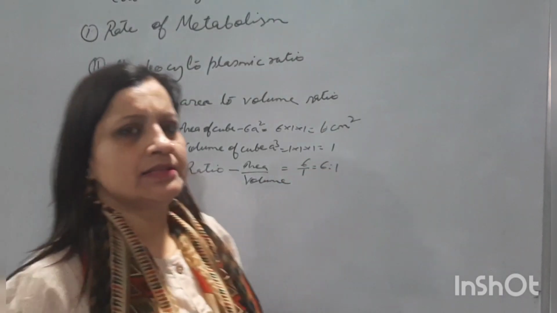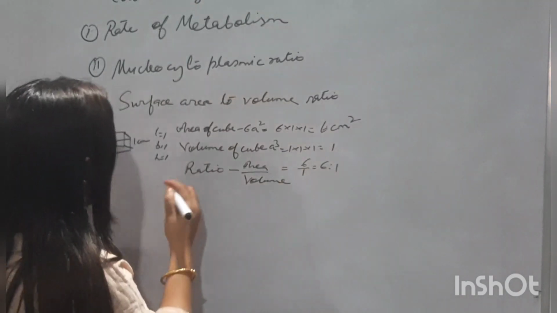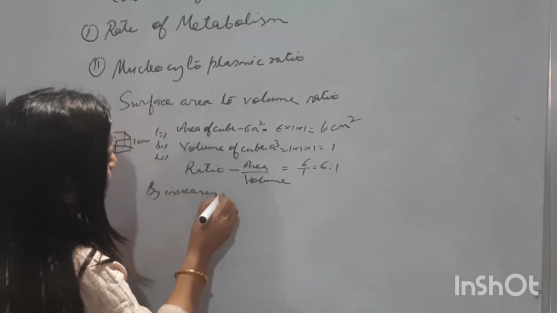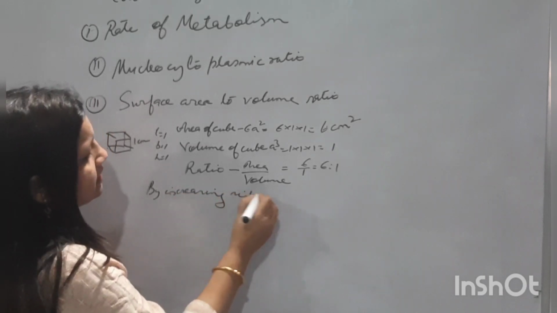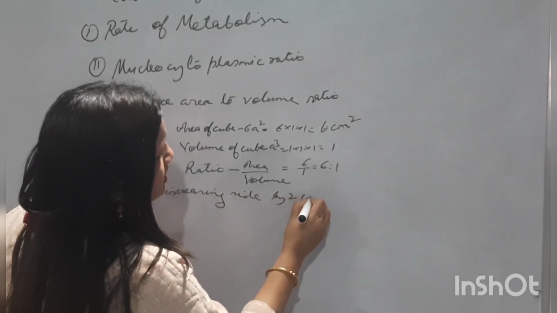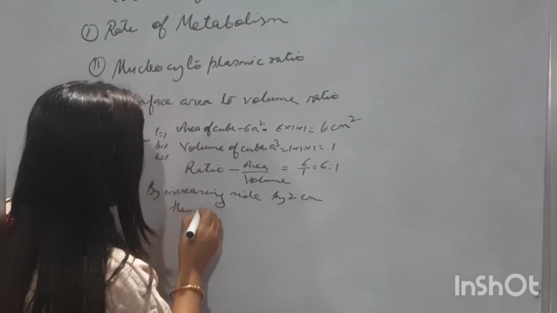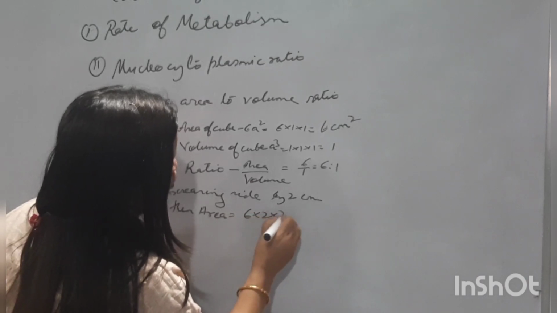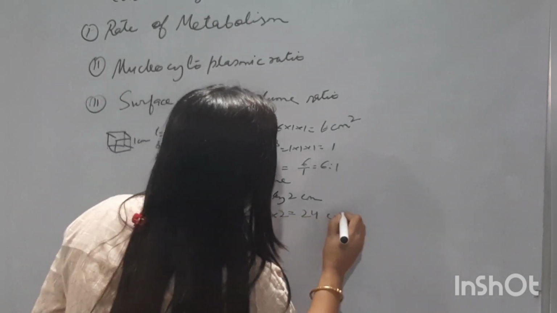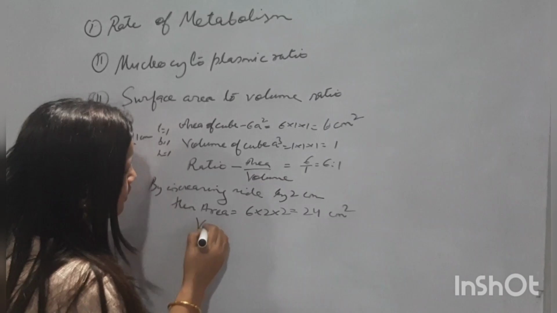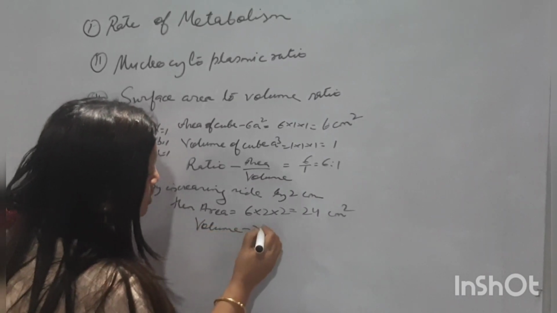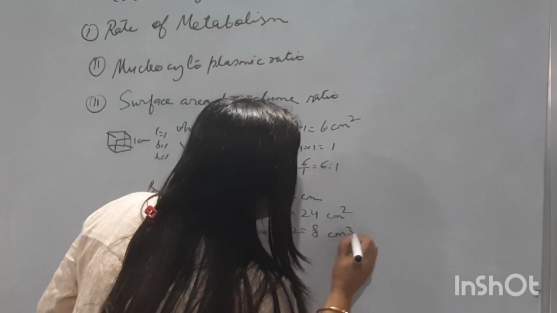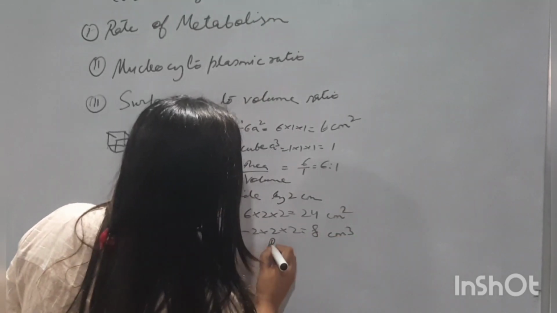If I increase the side by 2 centimeter, then area will be 6 into 2 into 2, that is 24 centimeter square, and volume will be 2 into 2 into 2, that is 8 centimeter cube. And what will be the ratio?